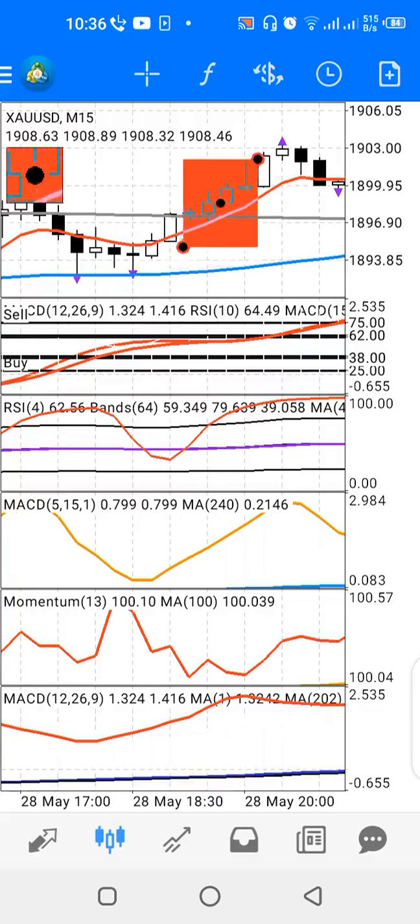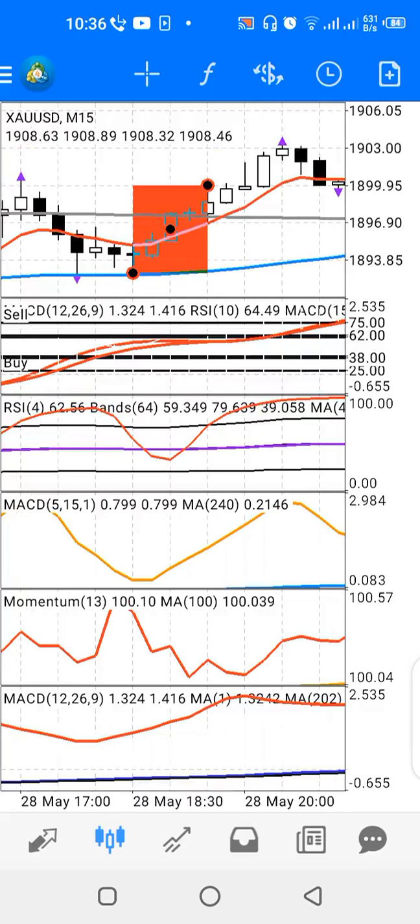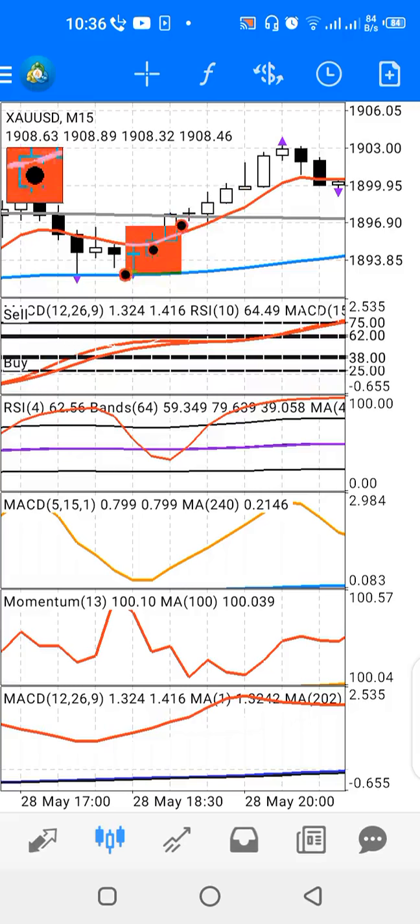I'll look at the candle formation on the red line, in the sense that if I have this bullish candle lapping on the red line around here, and I have another one also forming and closing above the red line, then I'll go for my buy signal around here, because I have two candles close above the red line.